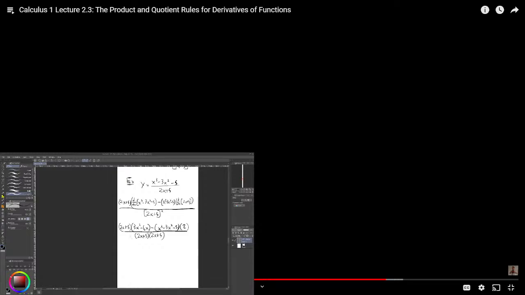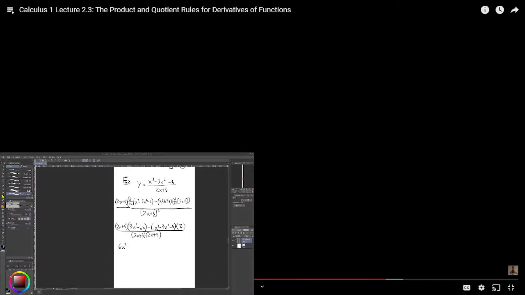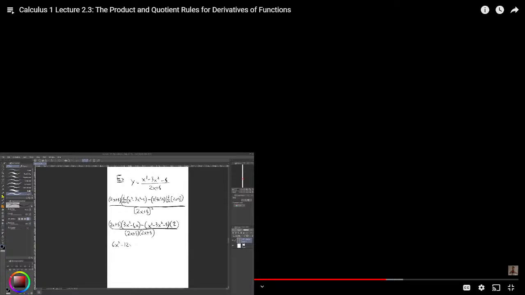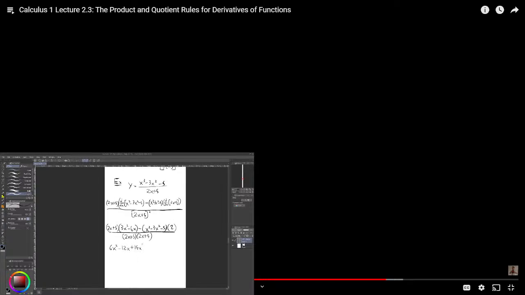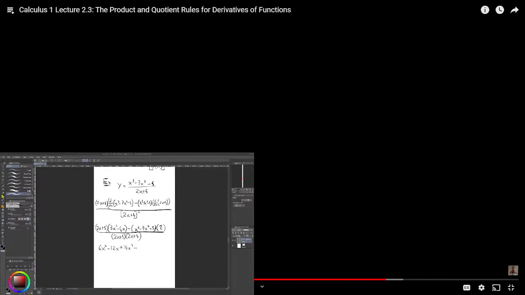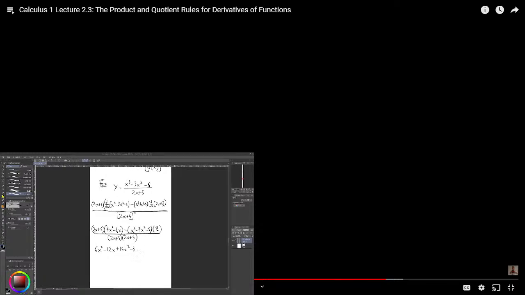Now we've got 6x squared minus 12x plus 15x squared minus 30x.